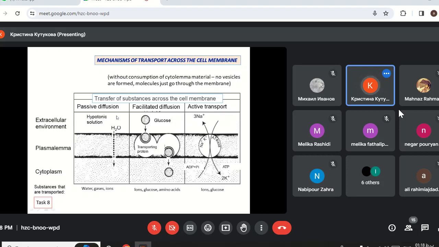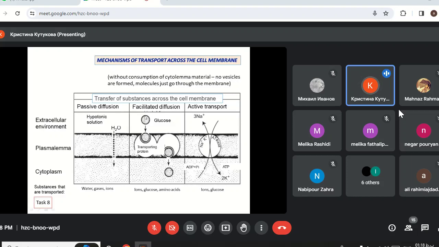This is for some very small molecules such as water molecules or gases or ions. They can pass just between the molecules forming the plasmalemma along the concentration gradient from higher to lower concentration. This is just passive diffusion.